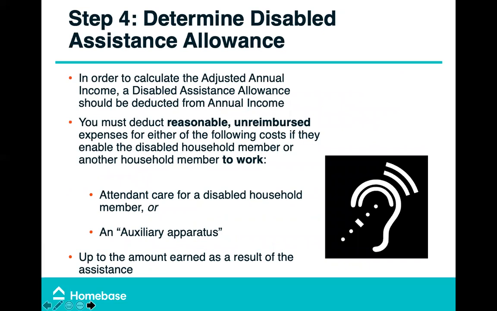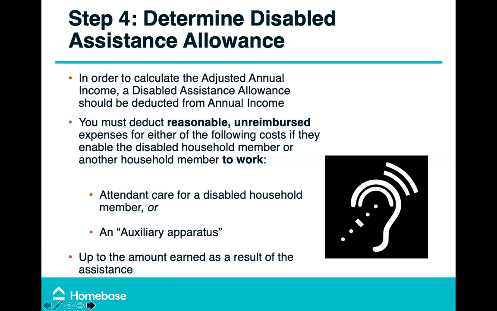So, determining the disabled assistance allowance. This is where it gets a little bit squirrely, because these next two allowances are interrelated, so you're going to need to consider them in tandem. The first, like I said, is the disabled assistance allowance, and this mandates you to deduct reasonable anticipated unreimbursed expenses for either of the following costs if they enable the disabled household member or another household member to work: attendant care for a disabled household member, or an auxiliary apparatus, for example, an assistive listening device or other device that aids with communication.